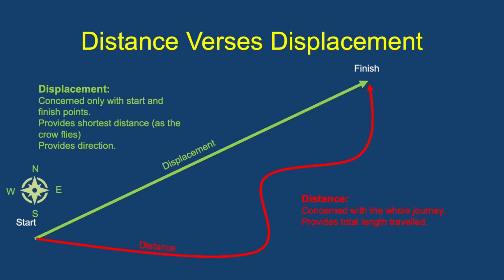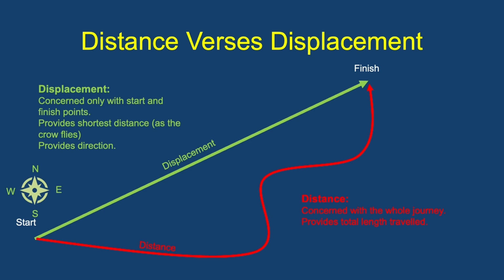Distance versus displacement. Okay, all of you have gotten here today by some means. You've come on your electric scooters, on your push bikes, in your cars, on the bus, in the train. I don't know, some of you walked here. But you didn't go in a straight line. There are no crows in this room as the crow flies.